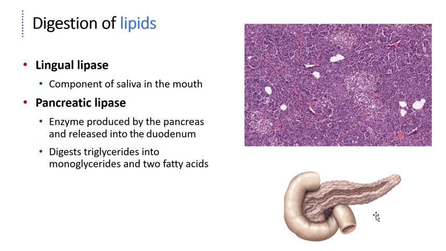Now, if you're looking at this image on the right side of the screen, first off, what is this tissue we're looking at? But then what part of the tissue is the pancreatic lipase coming from, right? You can probably guess, since we're talking about pancreatic lipase, this is the pancreas. These light colored regions that you can see every so often, those are the pancreatic islets, or the islets of Langerhans.